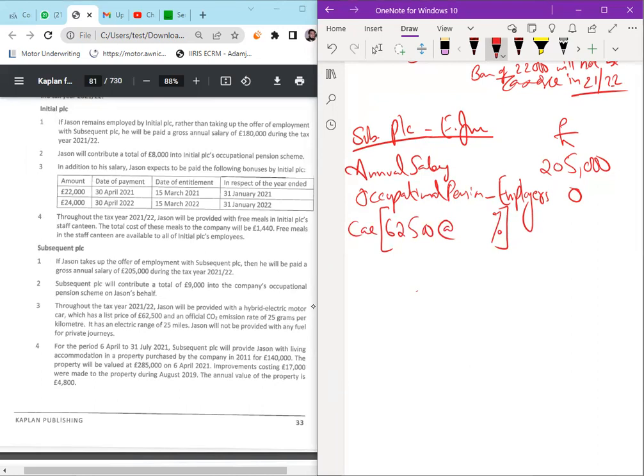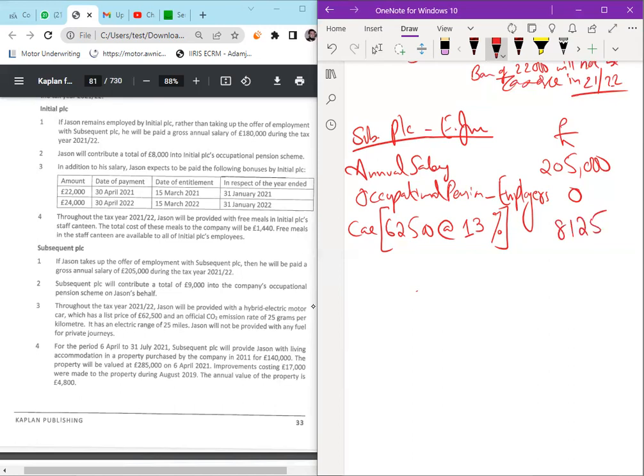You can go in the handout or go to the rates of your textbook or this revision kit. You will find out that if electric range is 25 miles for a hybrid electric car, the percentage will be 13%. We learned how to check it out. Please check. Did you find 13% in the rates? If yes, good. If no, you must revise the topic car benefit. I already sent you the videos for car benefits as well. So the answer is 8125.